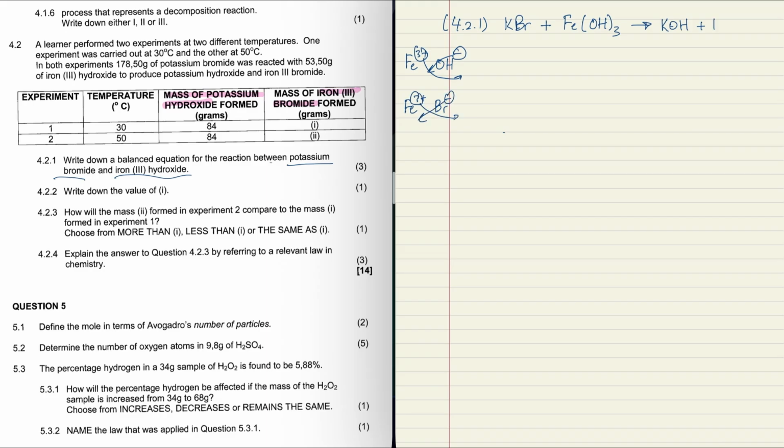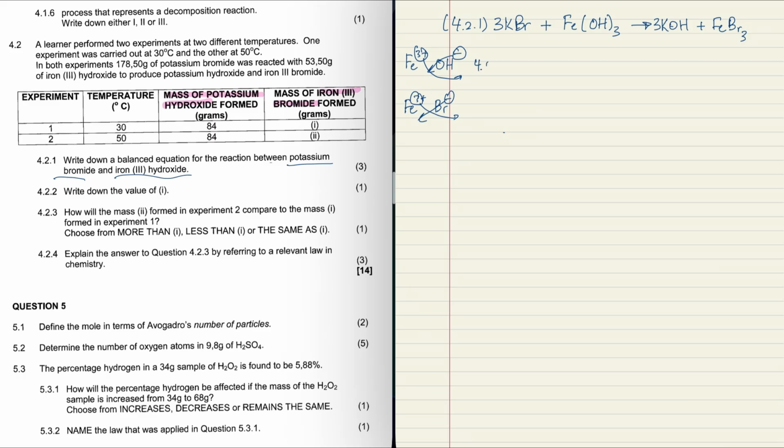So you're going to have FeBr3. Now they want us to balance this. So in order to balance it, there's 3 OHs on the left. So we'll put a 3 here. But that then gives us 3 potassiums. So we'll put 3 there. And so that does look like it's balanced now.